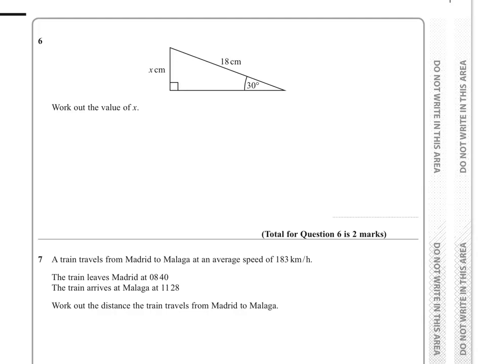A very simple way of approaching these is to use the notation of SOHCAHTOA, which I don't like teaching unless people understand where it came from. But again, that playlist under trigonometry will explain. In this situation, we have our opposite here, and opposite the right angle is the hypotenuse.